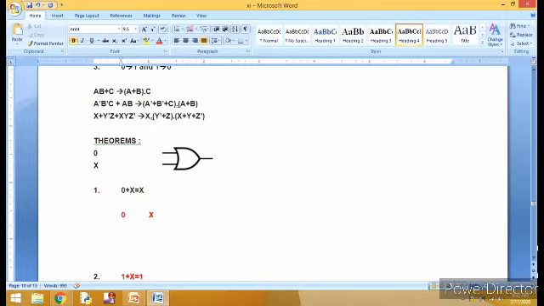Now the value of the first input is 0, which is well known, for both cases, and for x it will vary.